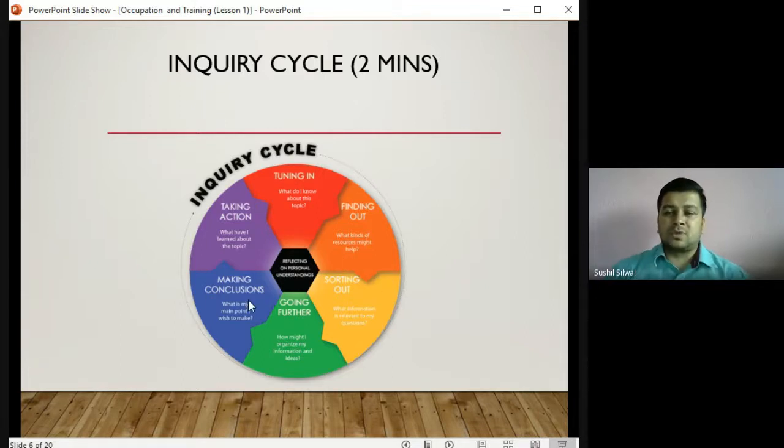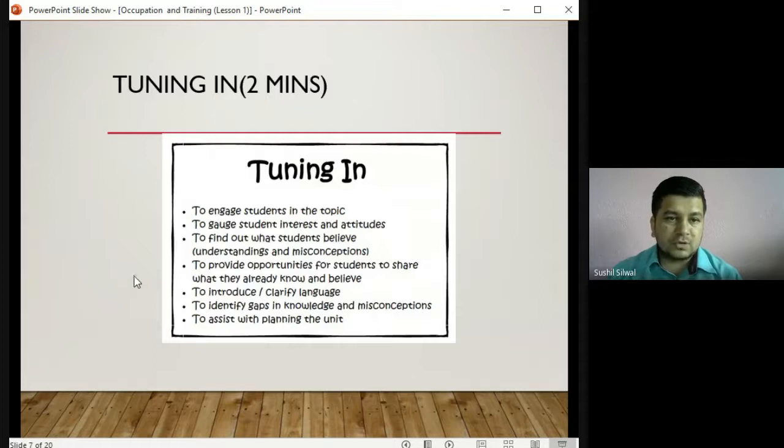Some of you wrote research, some wrote asking, discussing with teachers. How can we know? We will be following most of them. This was tuning in, engaging students in the topic, where you wrote about your prior knowledge, what you already know and what you want to know.